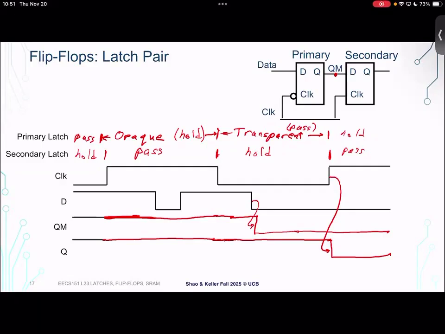And then the secondary latch at the rising clock edge passes it through. So this is the timing behavior of building a flip-flop out of two latches, primary and secondary. Questions?